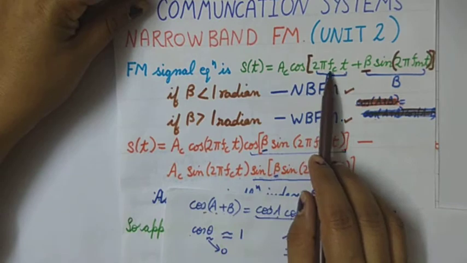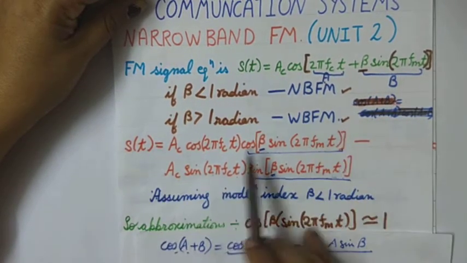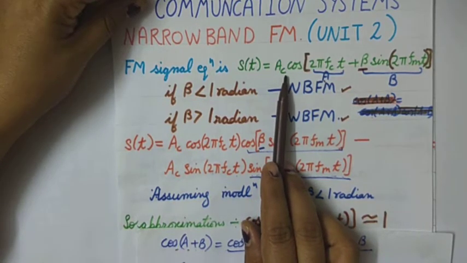We have A as 2 pi fc t and B as beta sine 2 pi fm t. Ac is common, so it will go with both the terms in the expansion.